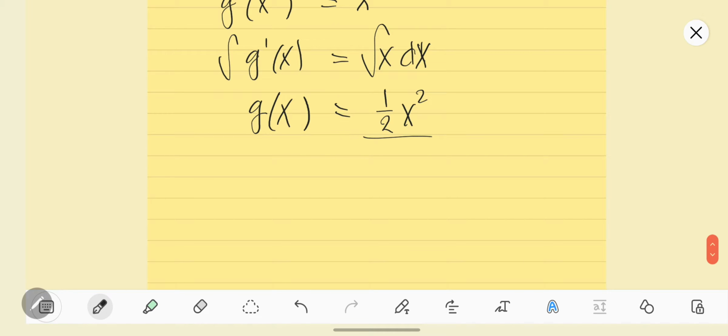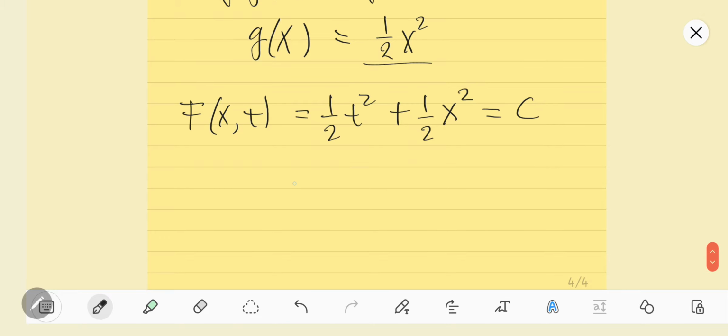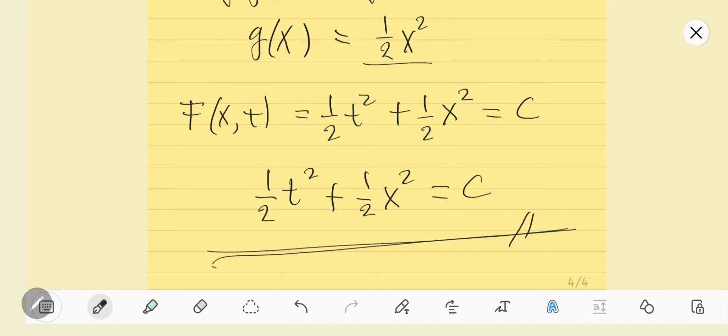So your f of x and t is equal to 1/2 t squared plus 1/2 x squared, and this must be equal to c. Rewriting that, 1/2 t squared plus 1/2 x squared is equal to c. Now this is your solution.